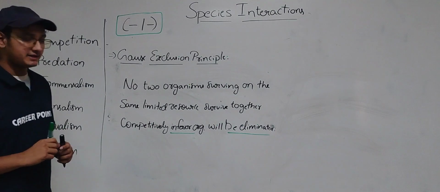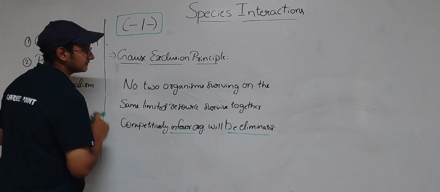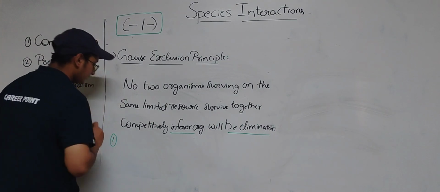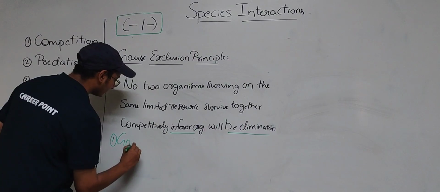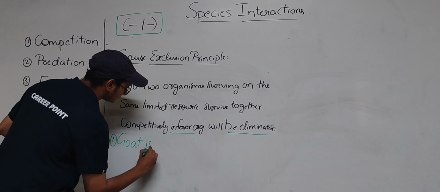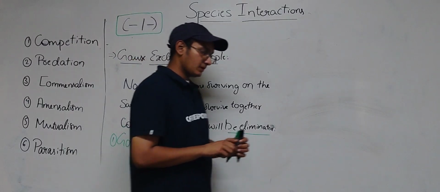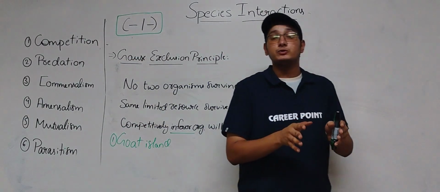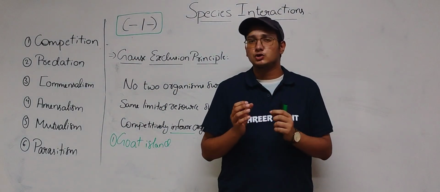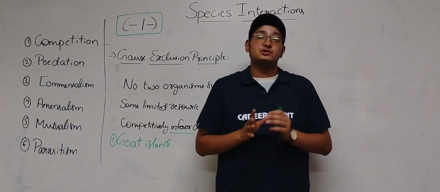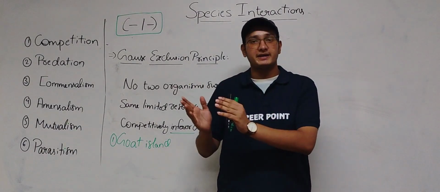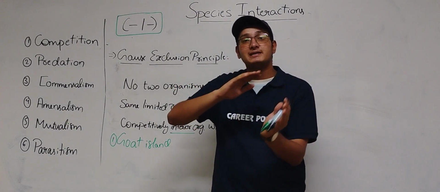So there are two evidences for it. The first evidence is goat in island. It is an interesting story. A goat was introduced into an island where a tortoise is present. After a decade, the tortoise got completely eradicated.